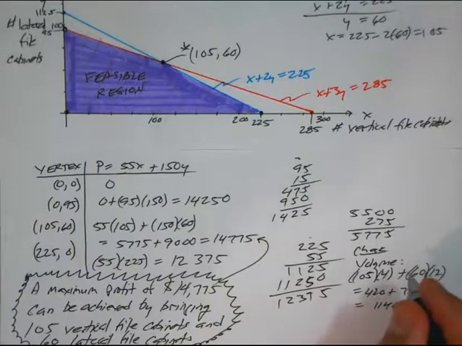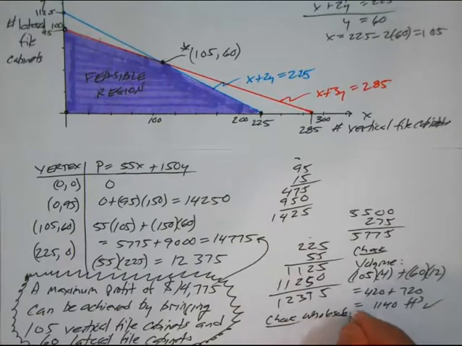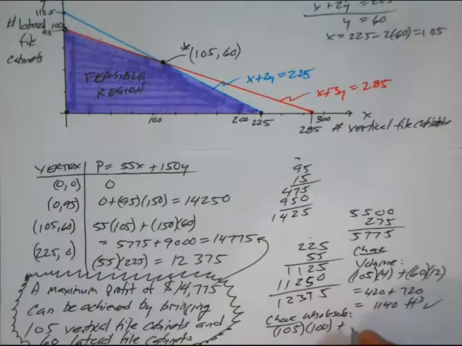And let's also check the wholesale price. Okay, let's see what we do here. That gives us 105 of those vertical file cabinets. They wholesale at 100 each. And we have to add to that the fact that we got 60 lateral file cabinets, and they wholesale at 200 each.